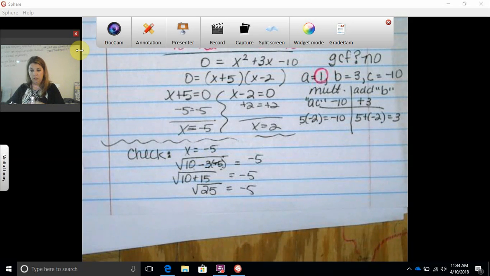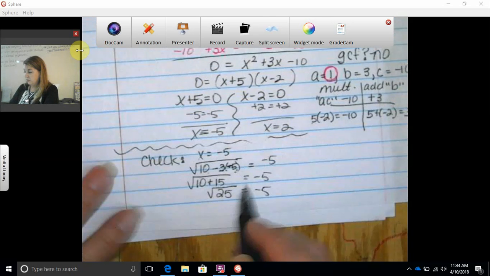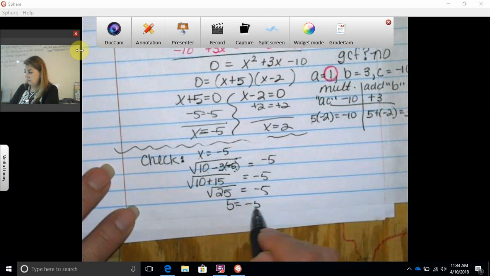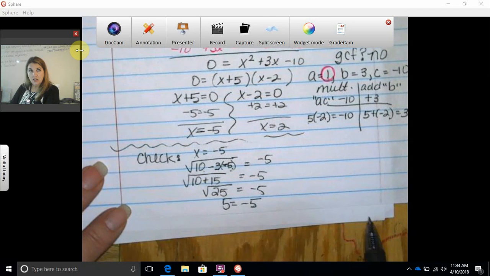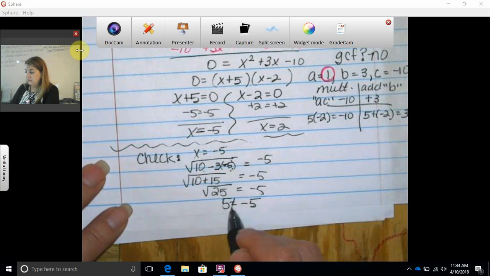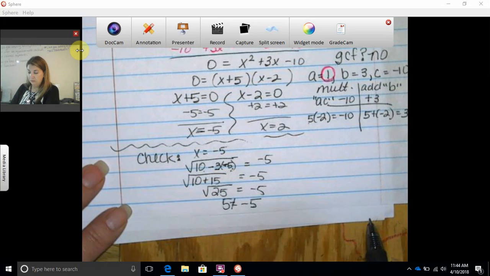Hold on. I'm going to see if they want us to do the positive and negative. No. Now, I know the square root of 25 could be positive or negative, but according to the book, we are just taking the positive square root, which is 5. That's called the principal square root. And 5 does not equal negative 5. So what kind of solution would we call negative 5?